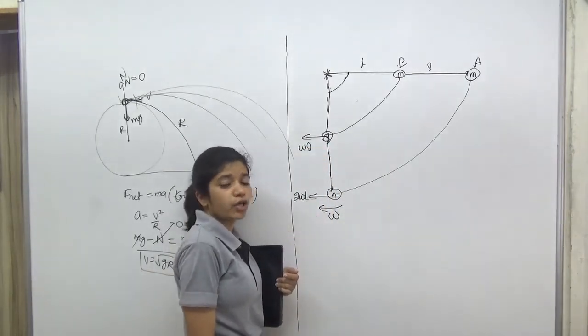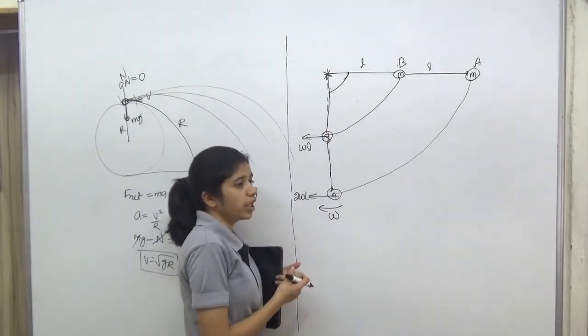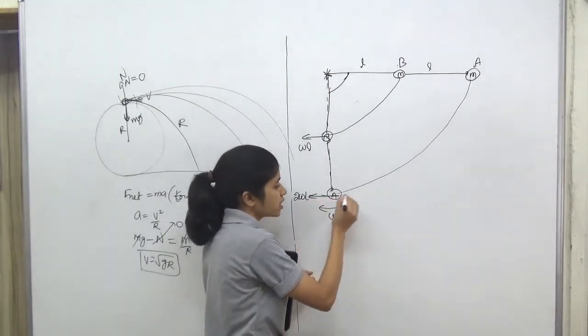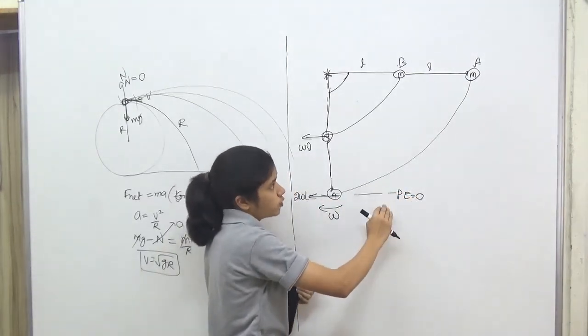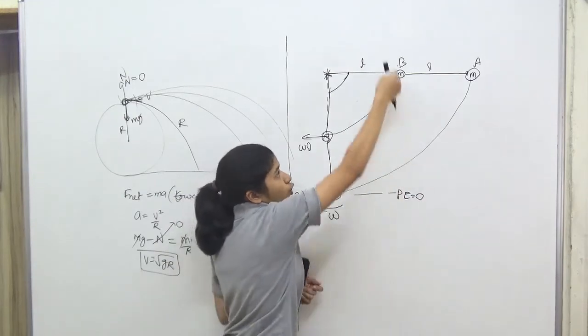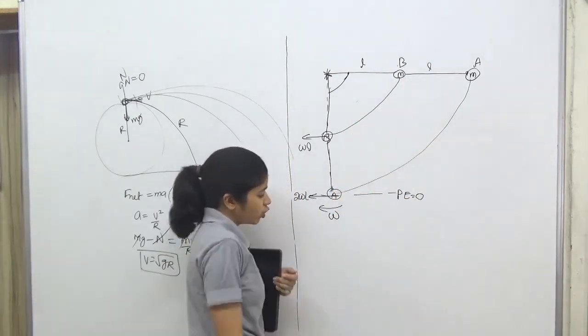वो कैसे करेंगे? So another equation we can get it from the conservation of energy. So let's say this is the reference point, PE is equal to 0. So now according to this point, initially the masses were kept at 2L height. Both the masses were at 2L height.